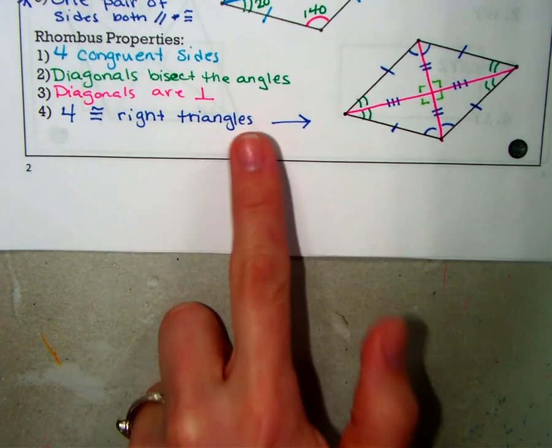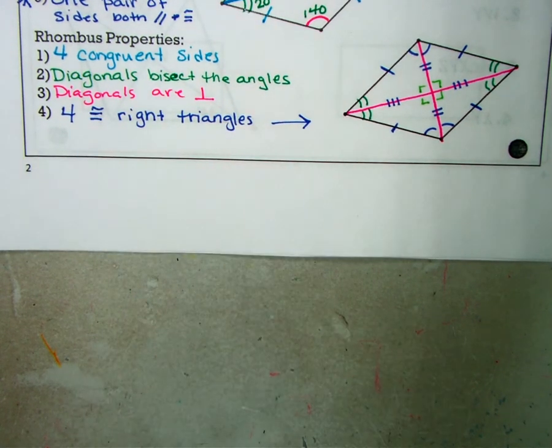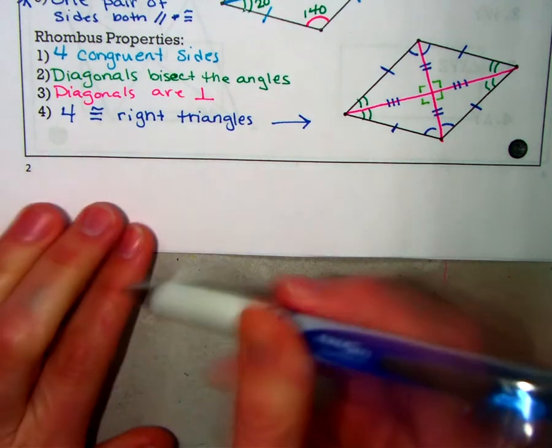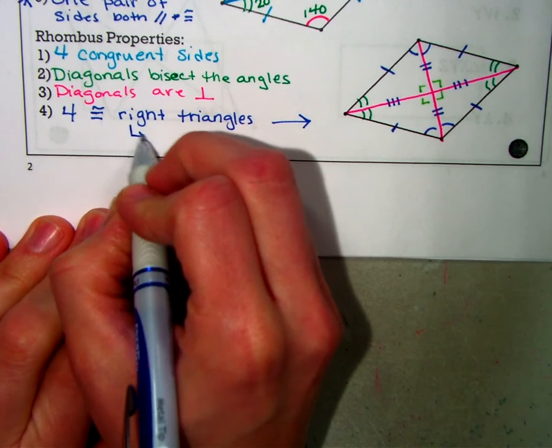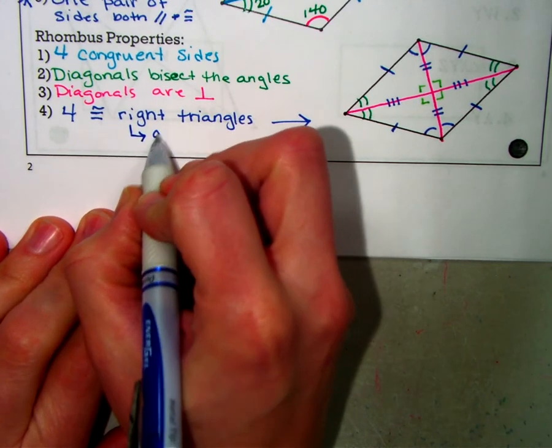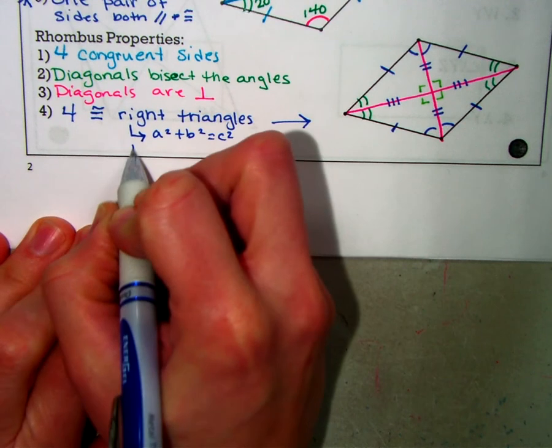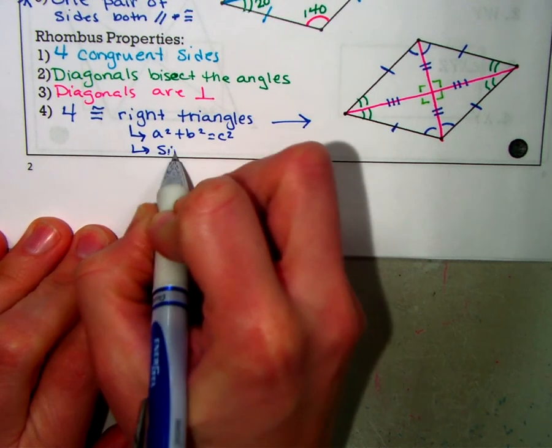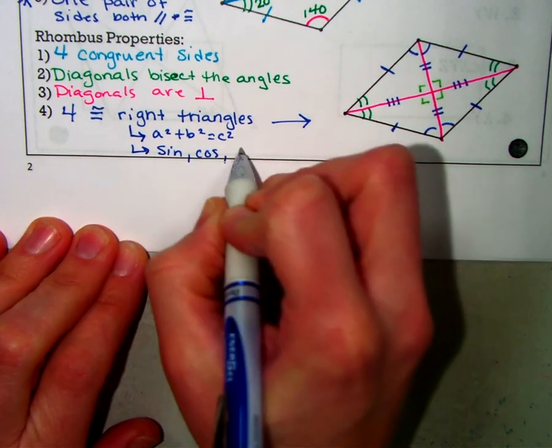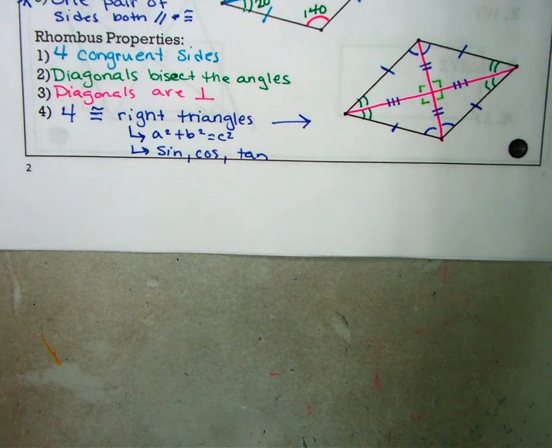So when we are dealing with a rhombus, right triangles allow you to use the Pythagorean theorem and sine, cosine, and tangent. So do not think that just because we finished our last unit that you're never going to see those again, because we're going to see it in just a second when we do our first actual problem here.